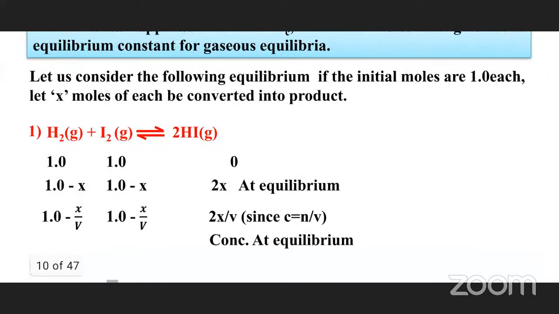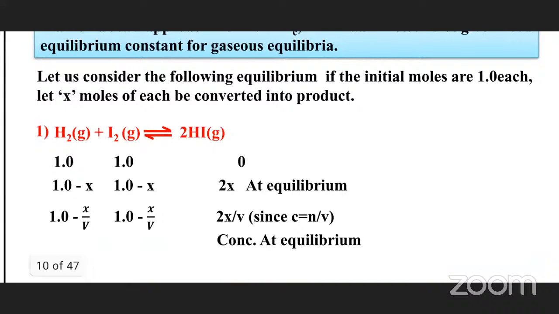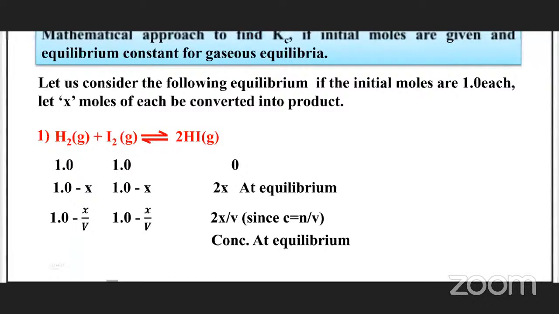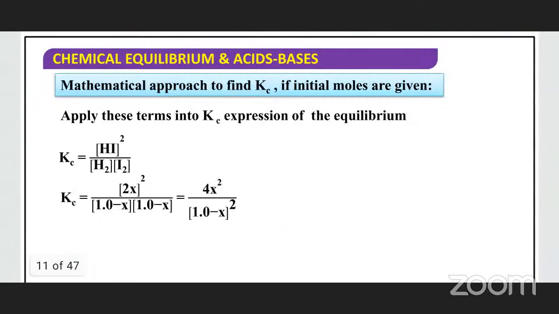Concentration is equal to n by V. So at equilibrium, reactant concentration is (1 minus x) by V, and product concentration is 2x by V. Apply these terms into the Kc expression.